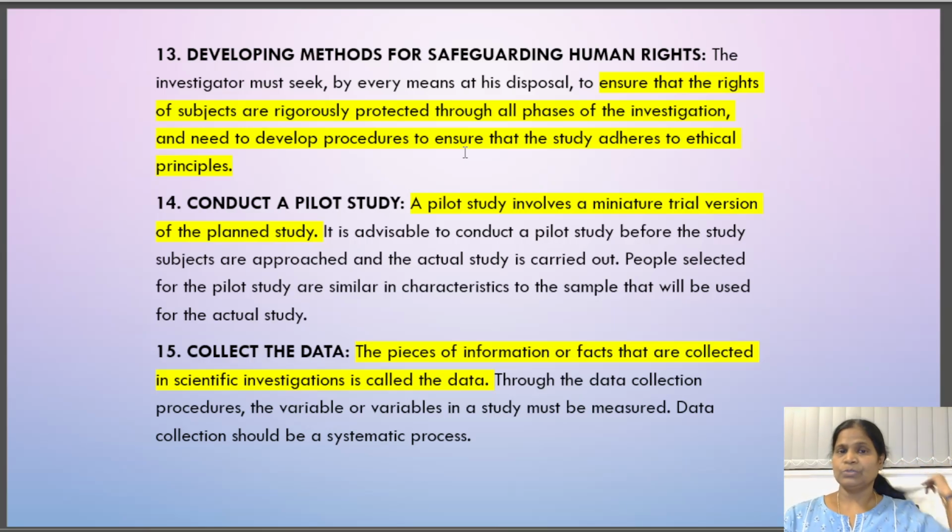Next step is conduct a pilot study. A pilot study is a miniature of the study we want to conduct in large.